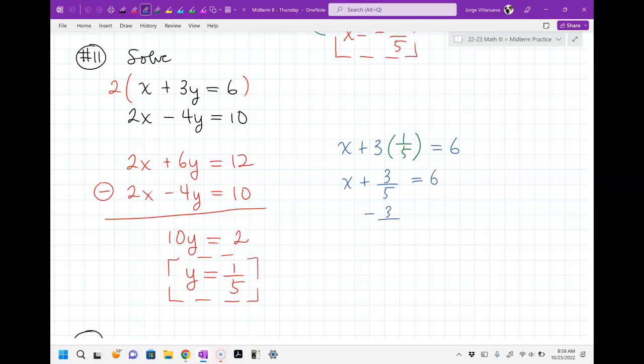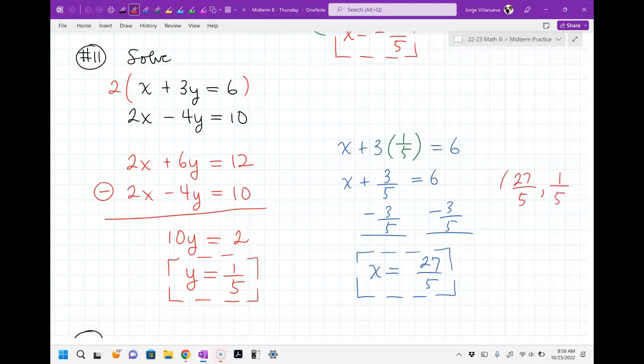If I subtract 3/5 from both sides, let's see, that would be 30 over 5, so that's 27 over 5. There's your x and y, so all you got to do is write your answer. 27 over 5, comma, 1 over 5, and we're done.